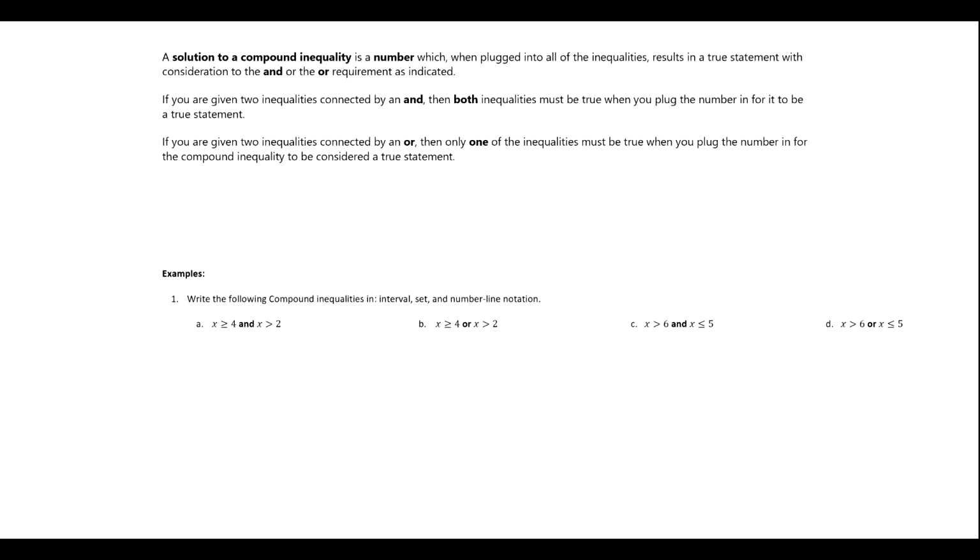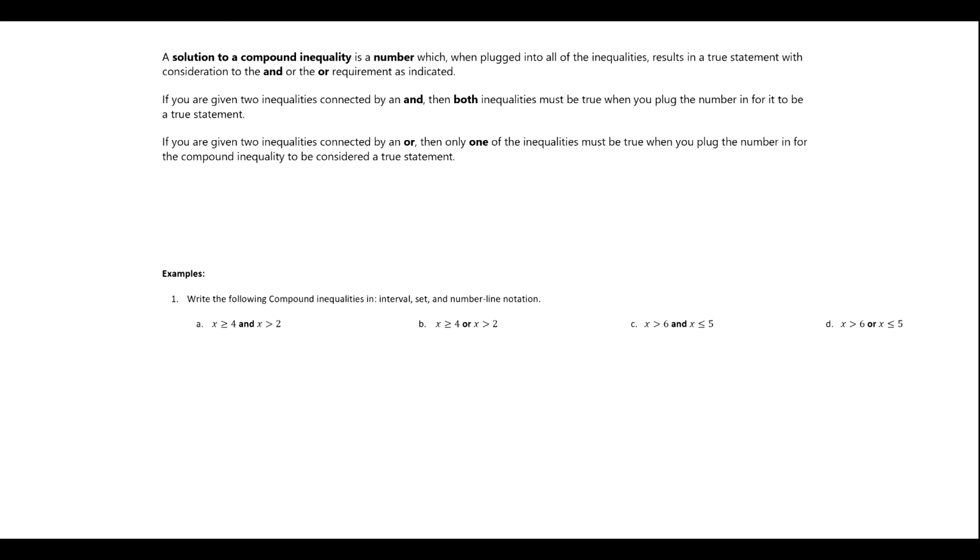And when we have a compound inequality scenario, generally we have two inequalities connected by the word and or by the word or. So when we consider whether a number gives us a true statement, there are different situations we might need to consider.